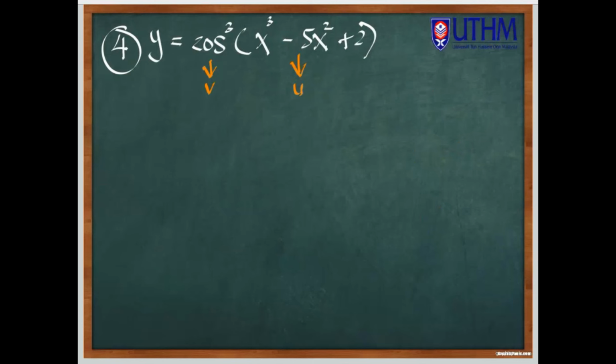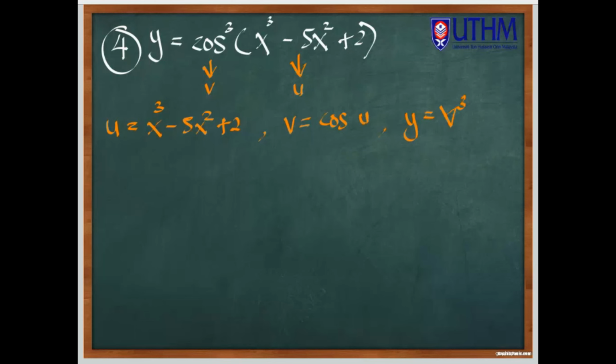So what we will have here is u equal to x cubed minus 5x squared plus 2, and v we assume as cos u. Since v equal to cos u, y will be v cubed, v power of 3.